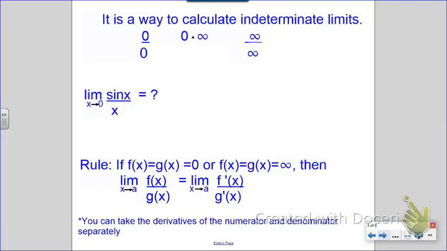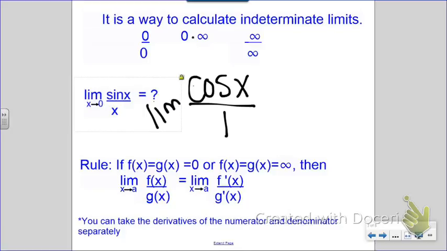If we go back and look at the problem that we solved originally graphically, the limits as x approaches 0 from the left and the right were both equal to 1. We can solve this now using L'Hopital's rule. The derivative of sine is cosine of x. The derivative of x is 1. Take the limit as x approaches 0, not infinity.